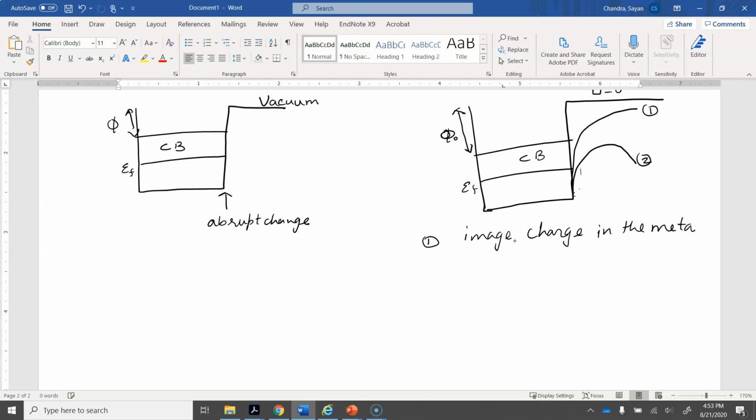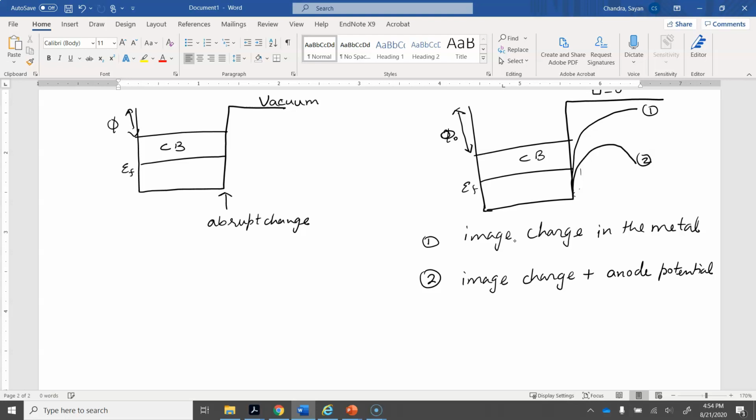That's the attractive pull that the emitted electron sees, and as a consequence the electron sees a gradual difference instead of an abrupt potential difference. Now if you apply a potential to the anode, you have the combined effect of the image charge plus the anode potential.